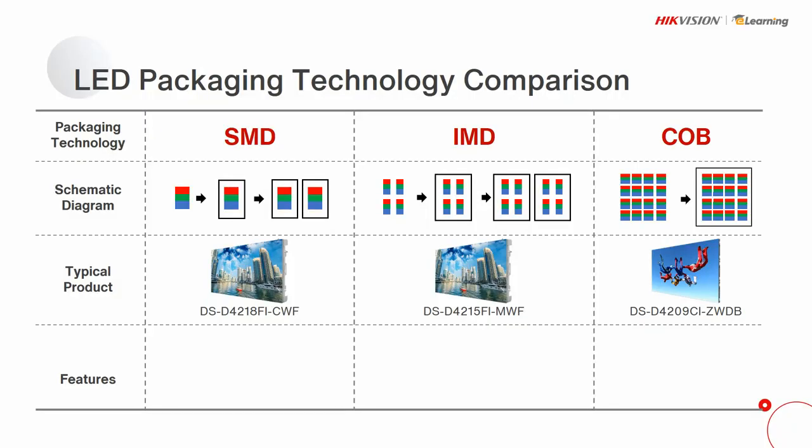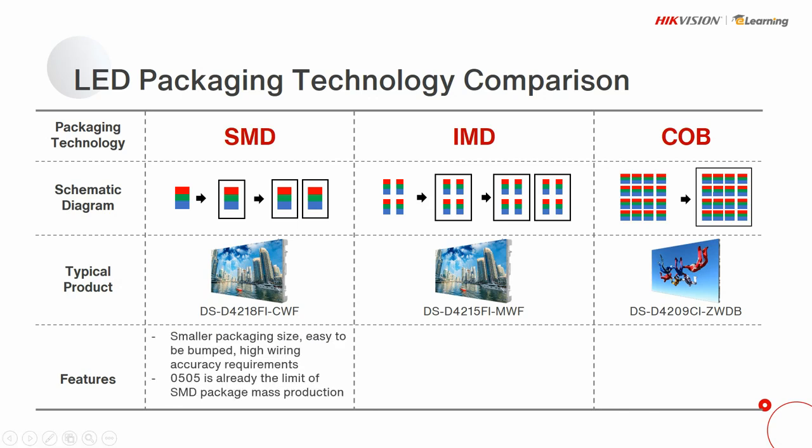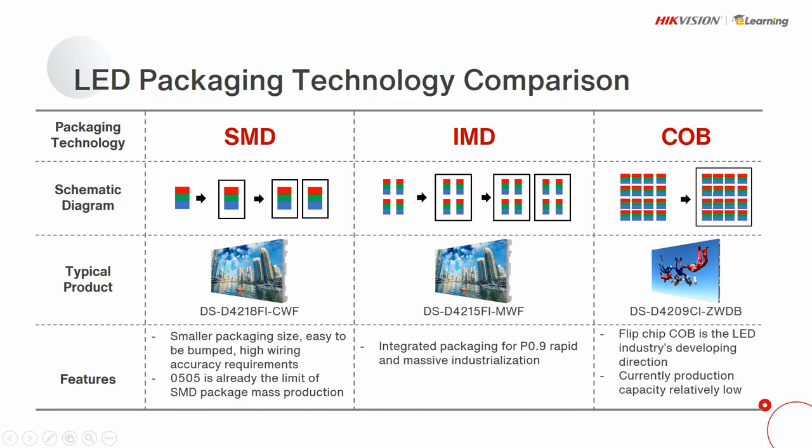Okay, let's make a comparison for different packaging technologies. The diagram here shows the difference between LED packaging technologies. For SMD LED, Hikvision has the CWF series. For IMD LED, we have the MWF series, and the ZWDB series is a COB LED product.